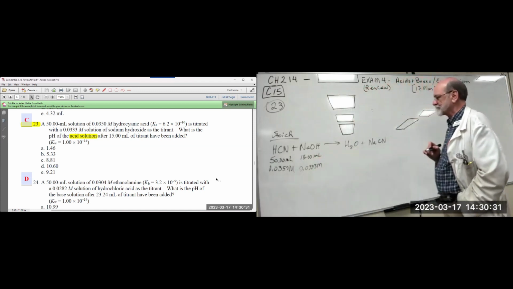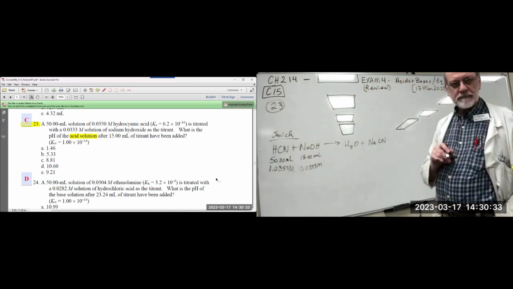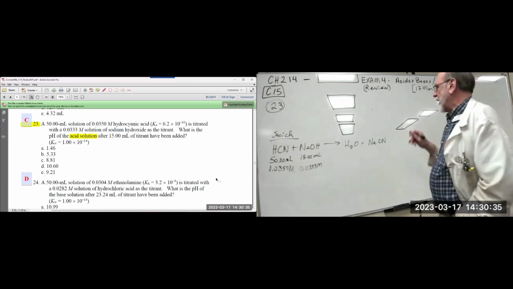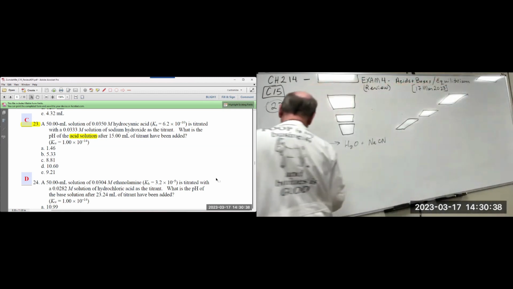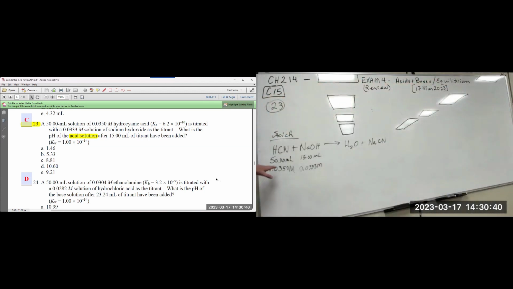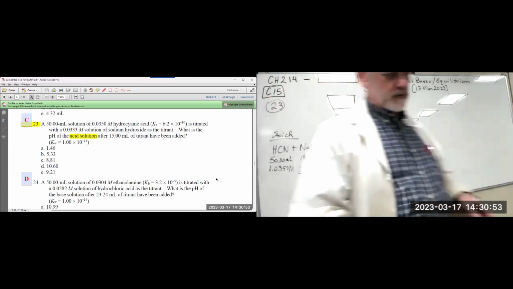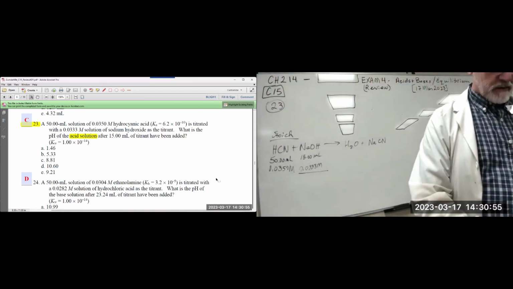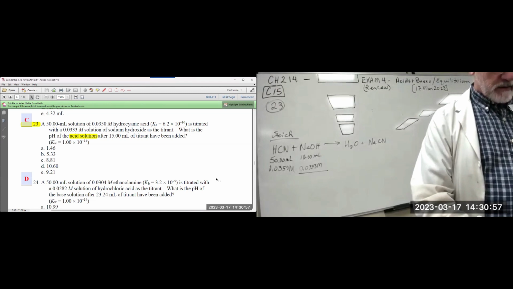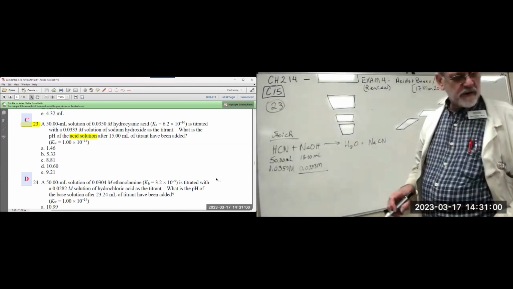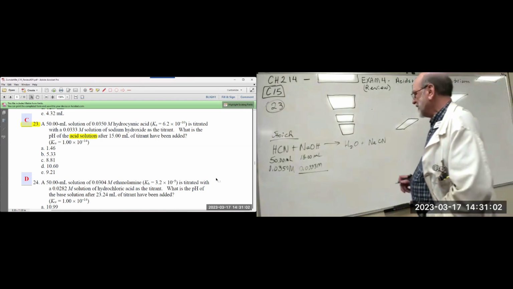All right, so what's the stoichiometry here? Well, we're not going to use all of this up, only part of it. So how many moles of hydroxide are we going to add here? 15 times 0.033 is 0.4995 millimoles of sodium hydroxide.